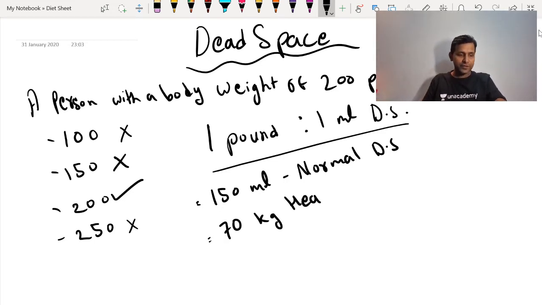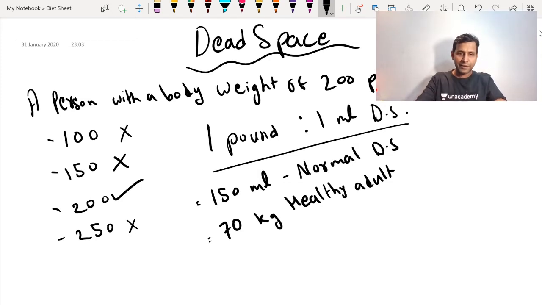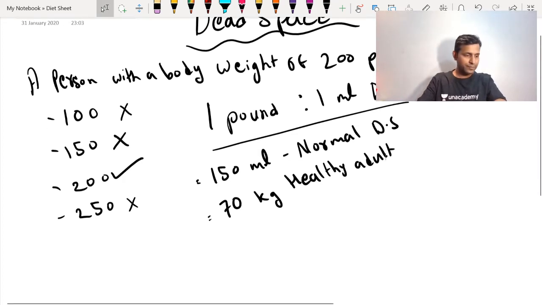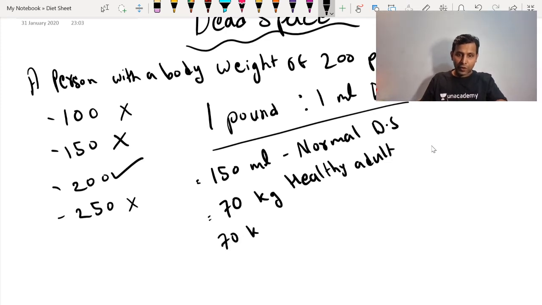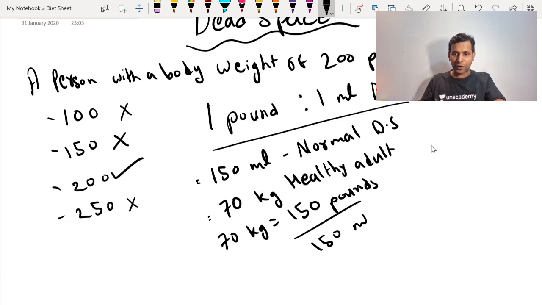Whenever we have a 70 kg healthy adult male, it will turn into 150 pounds, and therefore 150 pounds corresponds to 150 ml of dead space.